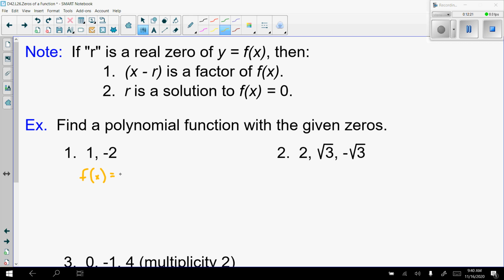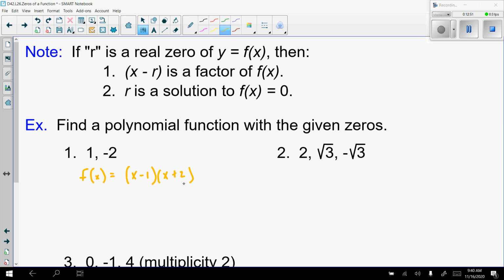So f of x equals, if 1 is a zero, then according to number 1 above, x minus 1 is a factor. And if negative 2 is a zero, then x plus 2 is a factor. And that's it. If you want to multiply and FOIL that out, you can. It is not needed. As it sits, it is already in factored form.